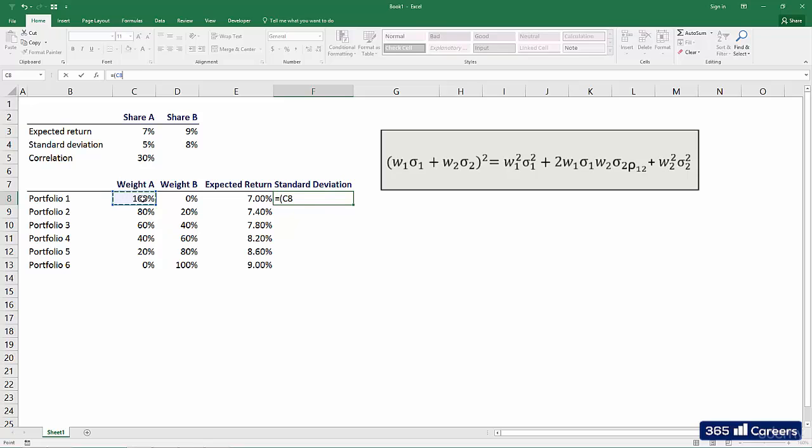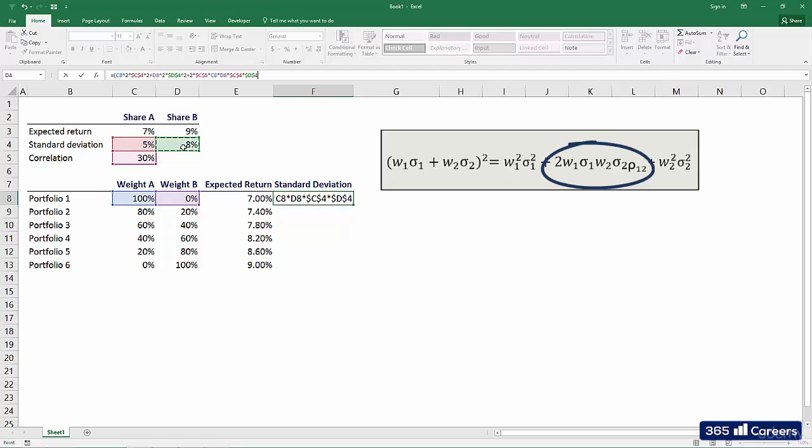We have the portfolio weight of security A squared and multiplied by the variance of security A, plus the portfolio weight of security B squared and multiplied by the variance of security B, plus 2 times the correlation coefficient between stocks A and B multiplied by the weights of the two stocks, multiplied by the standard deviations of the two stocks.